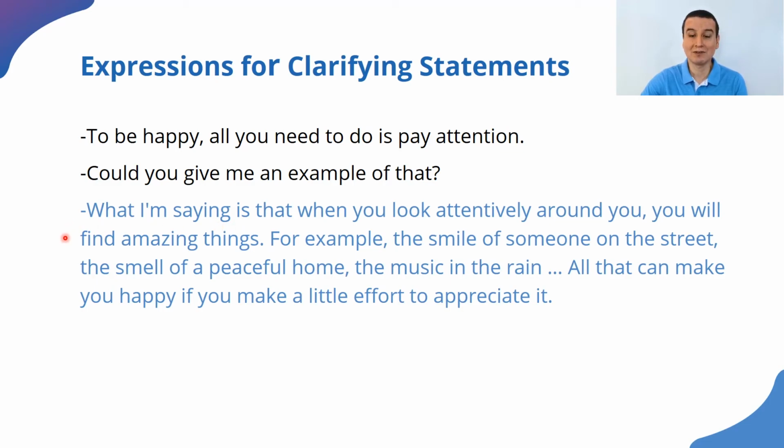For example, that's another way of explaining something. For example, the smile of someone on the street, the smell of a peaceful home, the music in the rain, etc. All that can make you happy if you make a little effort to appreciate it. That's very nice, a very nice answer.